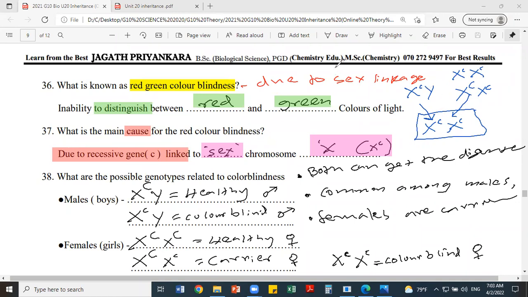But imagine a proposed wedding where the bride is not a carrier or diseased, perhaps even healthy, but the groom, the male, is colorblind.